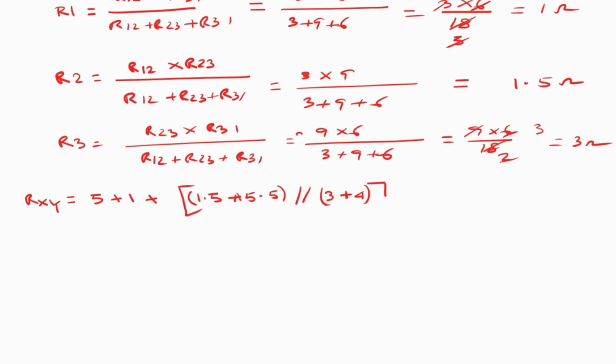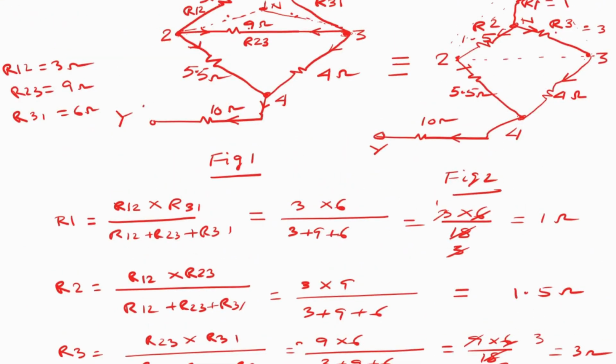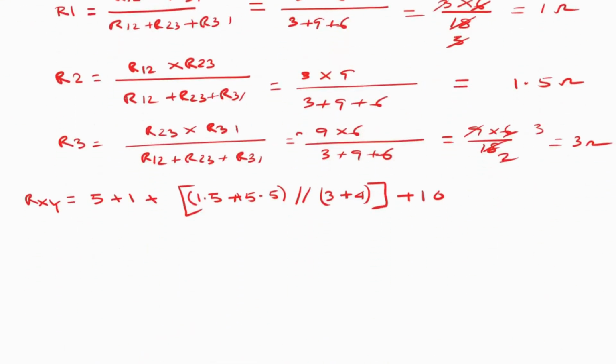So take the whole bracket. After that, the total current passes through the 10 ohms, so the 10 ohms will be in series. What is the value here? After calculation, this is 6, plus 7 parallel 7, plus 10. 7 parallel 7 means dividing by 2 any one of the resistances, that means 3.5.